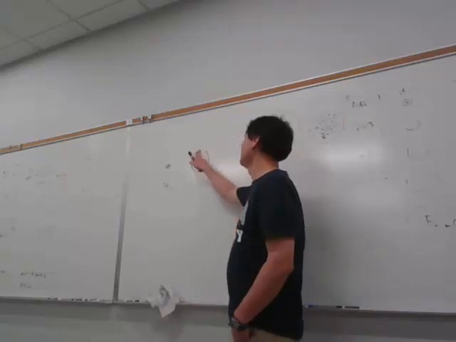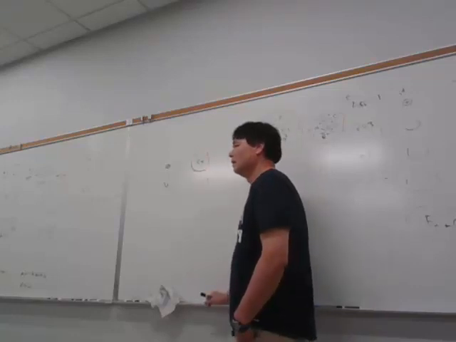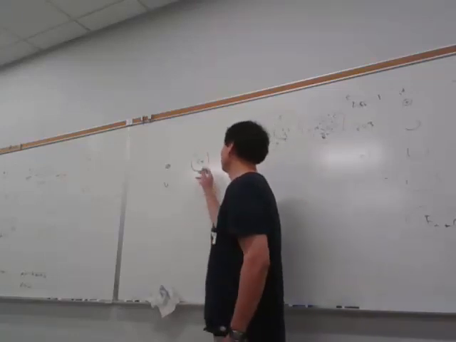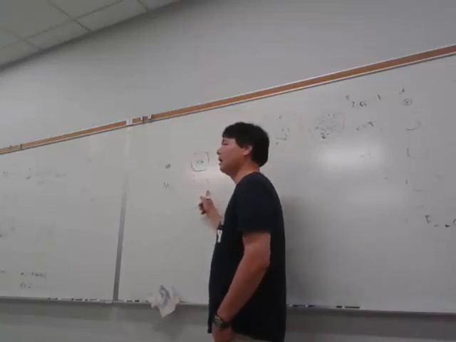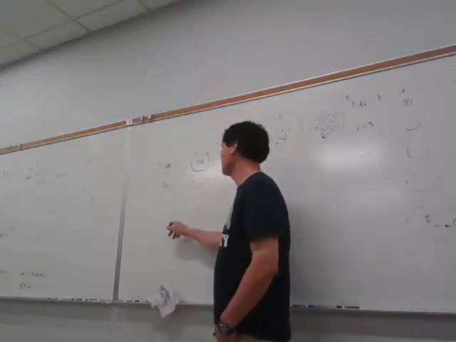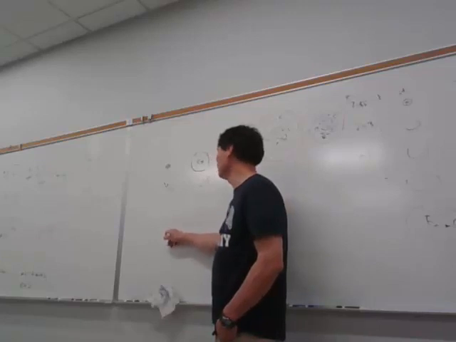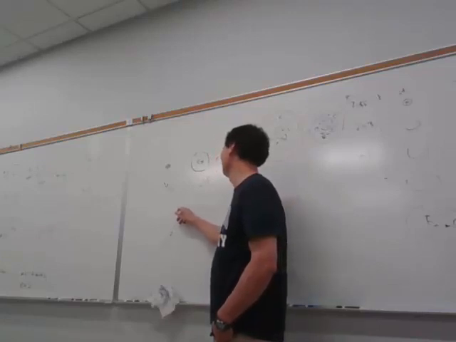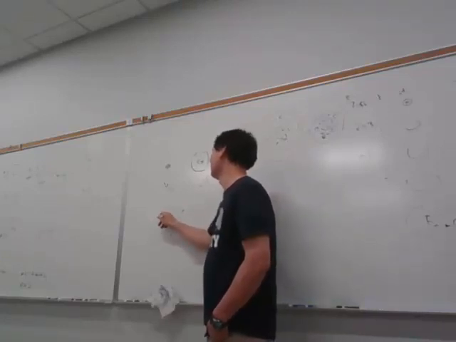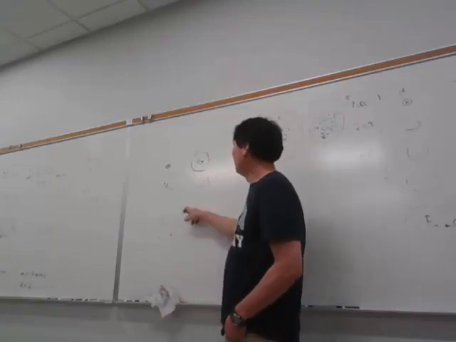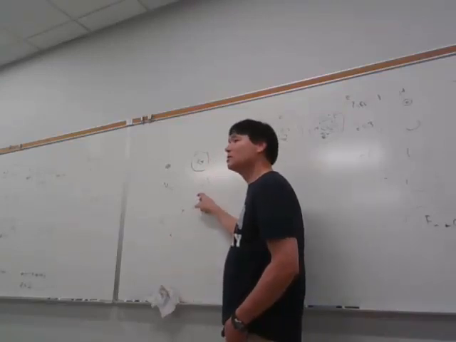But what's the reason for this? Well, we expect aluminum to have a higher ionization energy. For example, if we go from sodium to magnesium, the ionization energy goes up. And when we go from magnesium to aluminum, we expect the ionization energy to go up, correct?